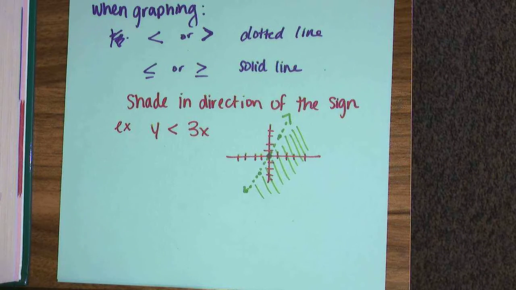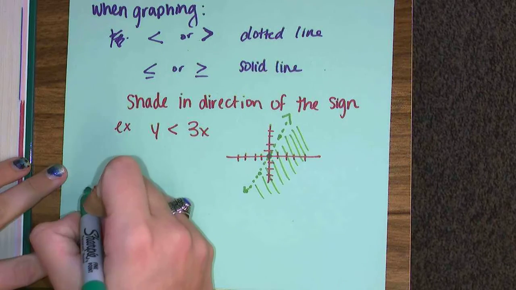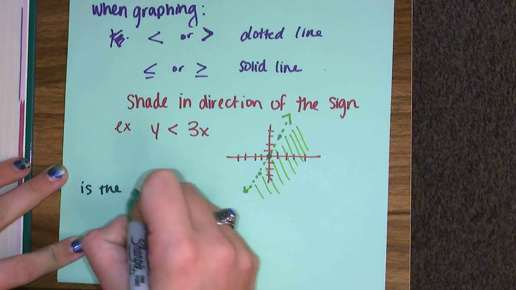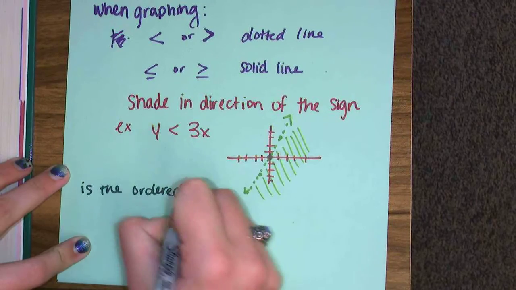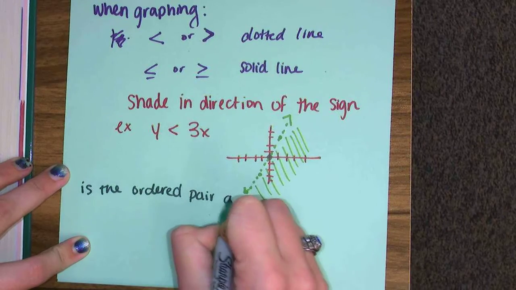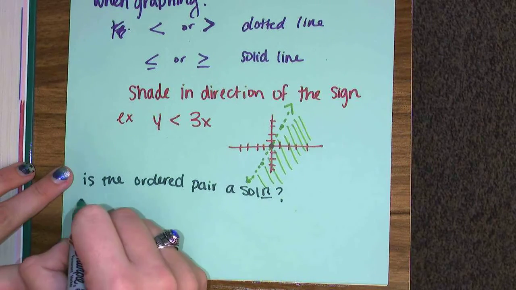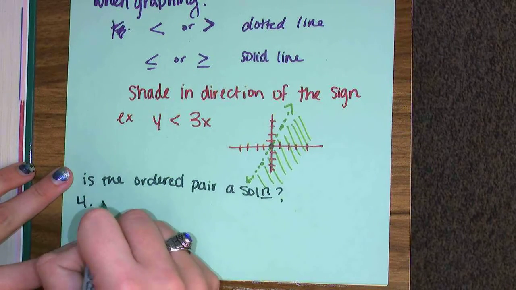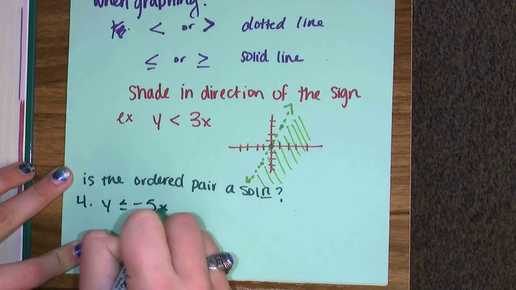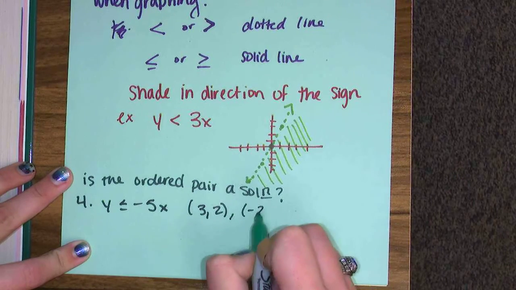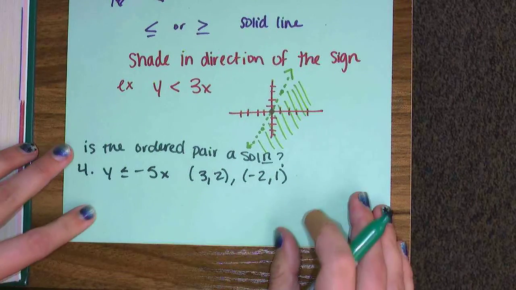So, is the ordered pair a solution? Like number 4, y is less than or equal to negative 5x, and we're given the two ordered pairs 3, 2, and negative 2, 1. These are two different problems, technically speaking.